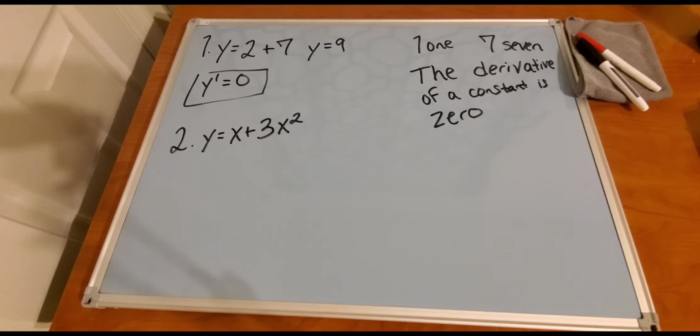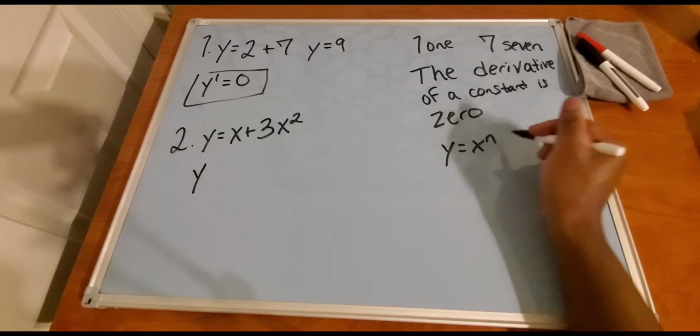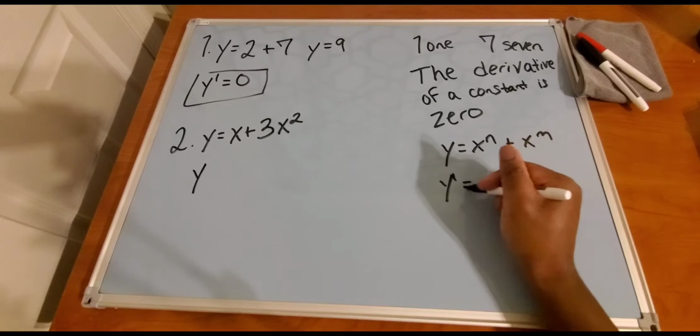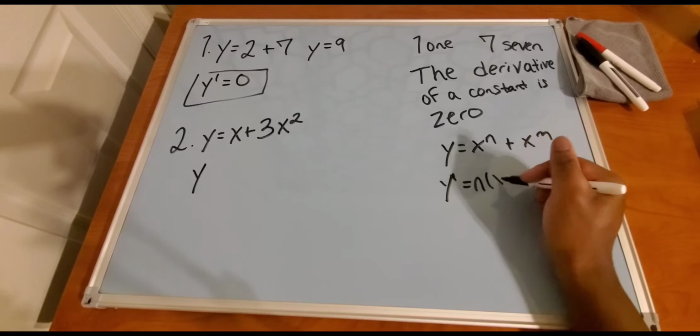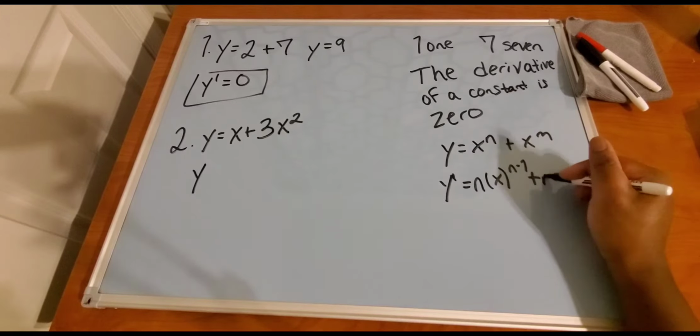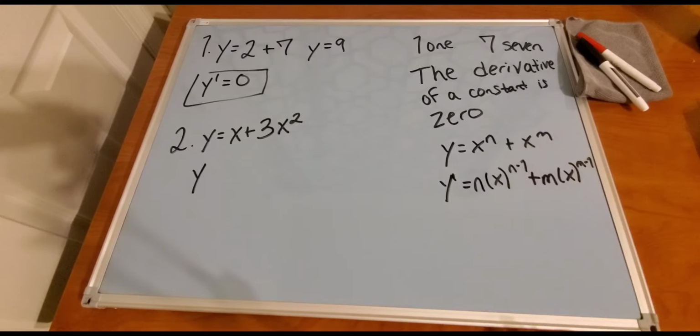So we can find the derivative of both of them independently and just add them together. Remember, over here, if we had y is equal to x to the n plus x to the m, y prime is equal to n times x to the n minus 1 plus m times x to the m minus 1.